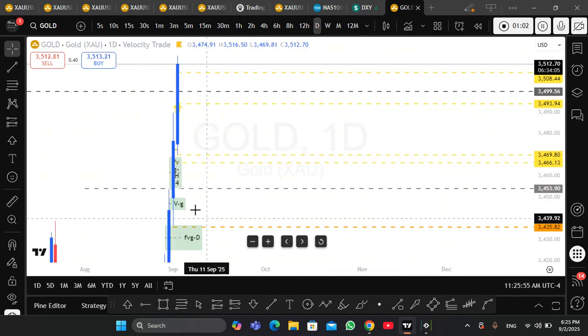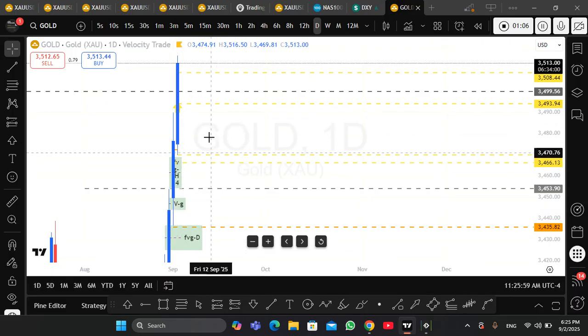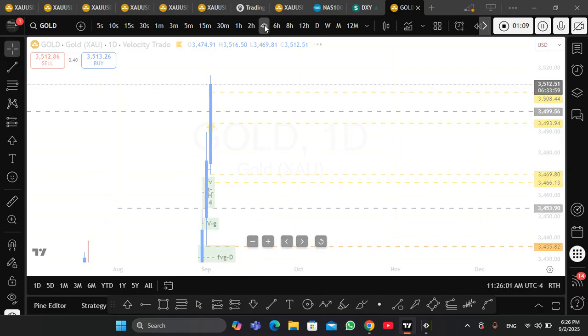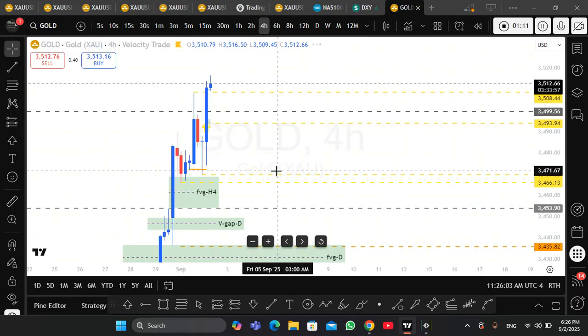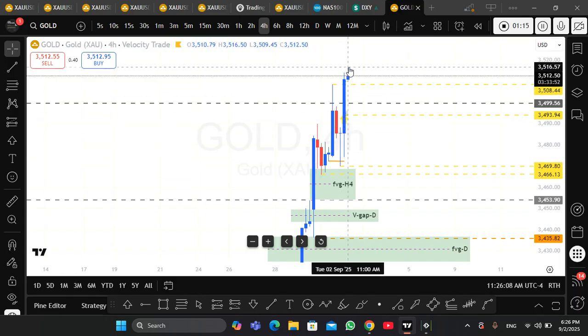On daily, the market is already making this fair value gap, also a fair value gap on H4, and you can also see how the market moved from this area to this area.